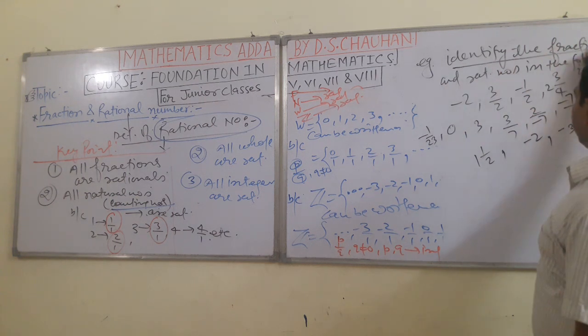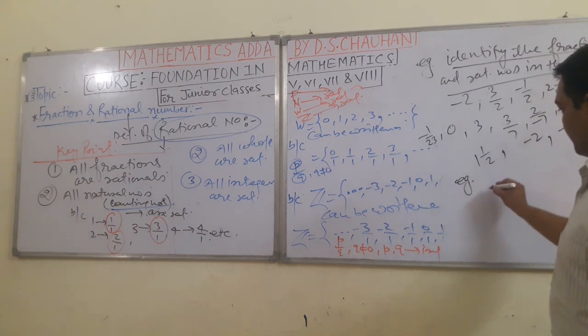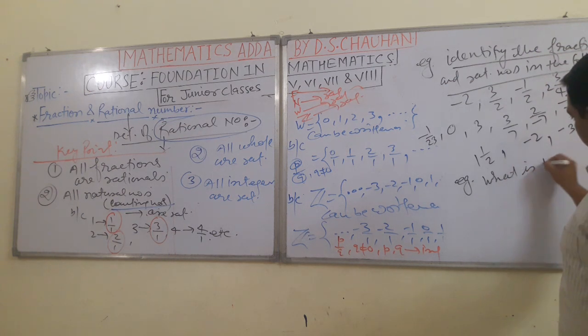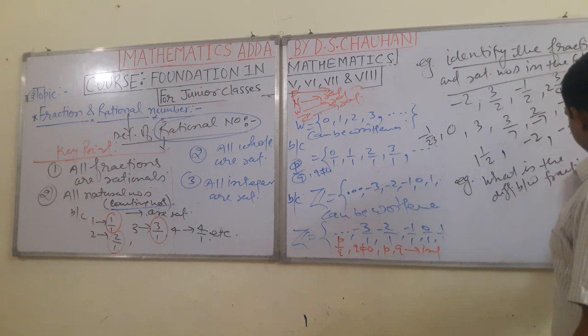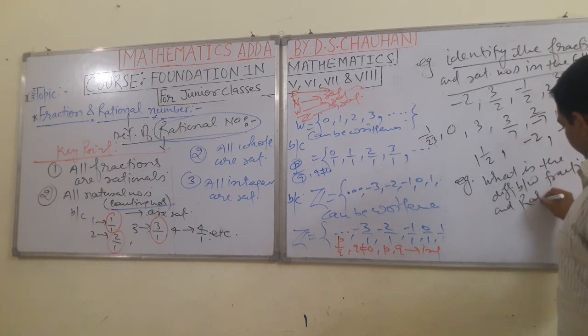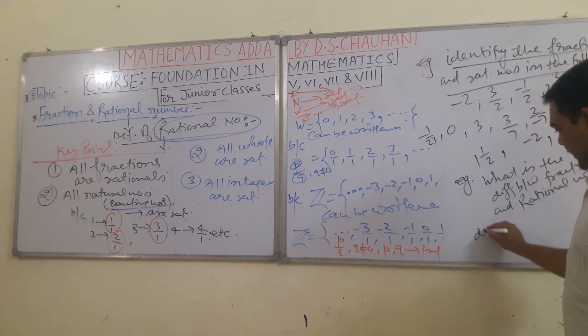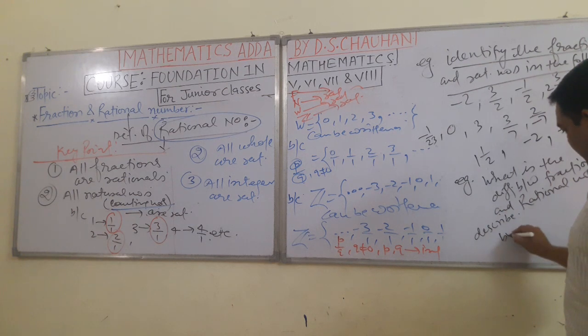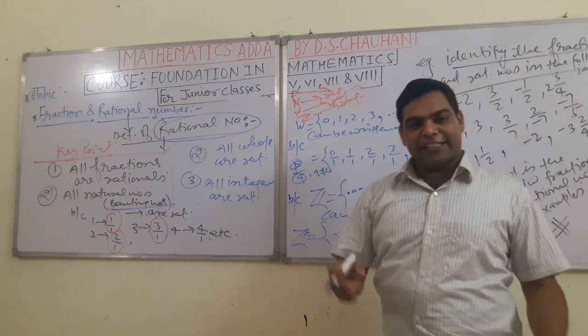Here, students, you have to identify the fractions and rational numbers in the following. This is the question. Next, what is the difference between fractions and rational numbers? Describe by some examples. So students, these are the questions for practice.